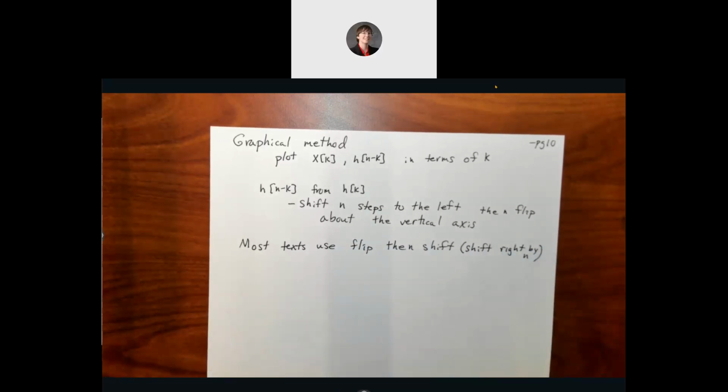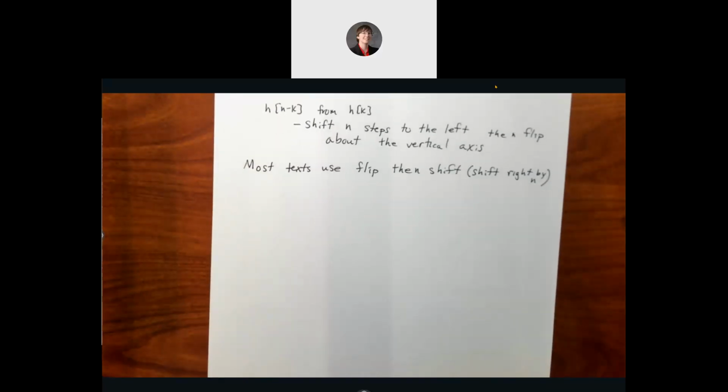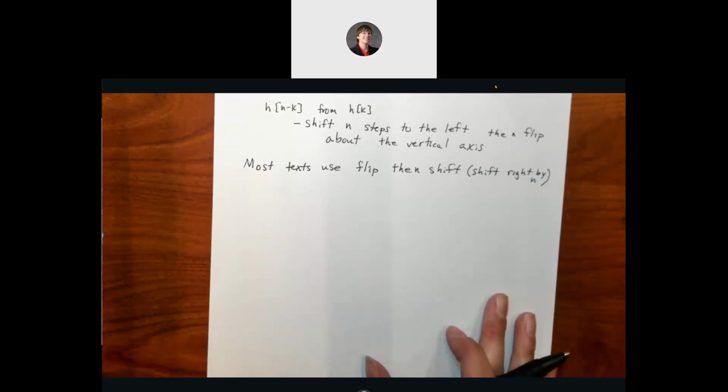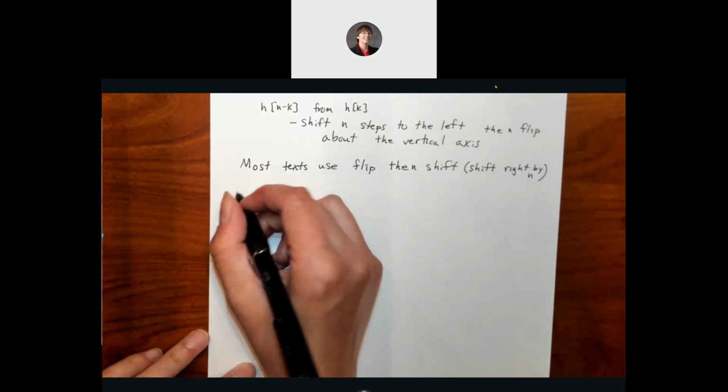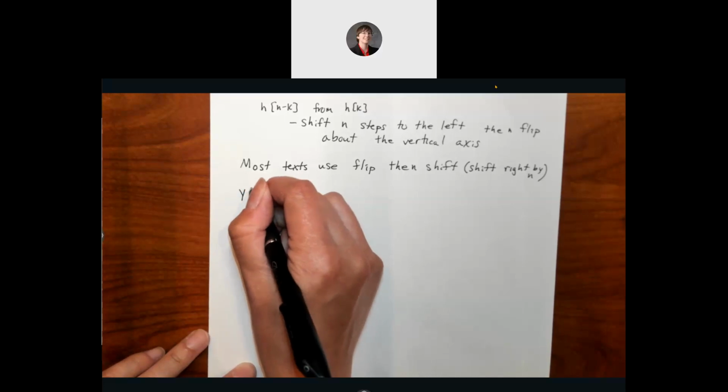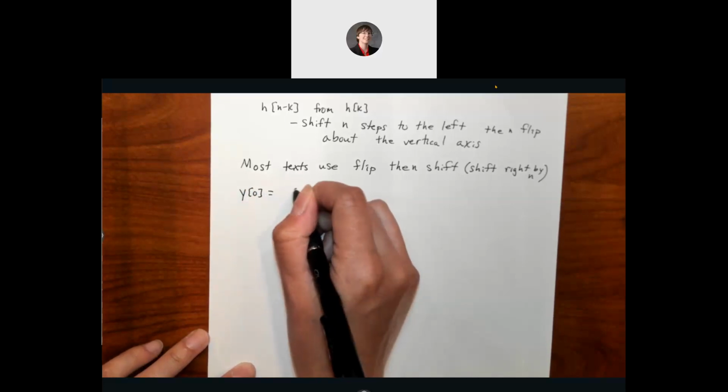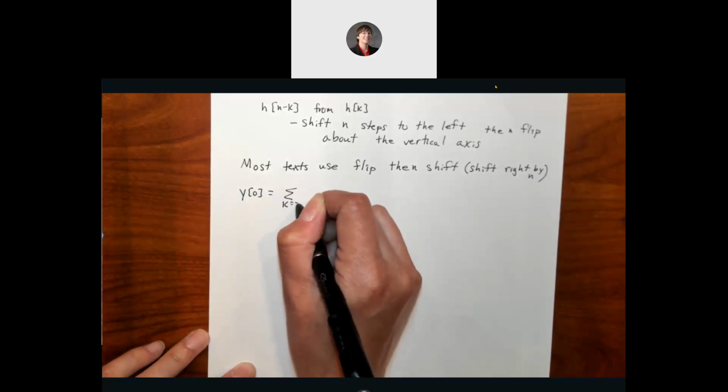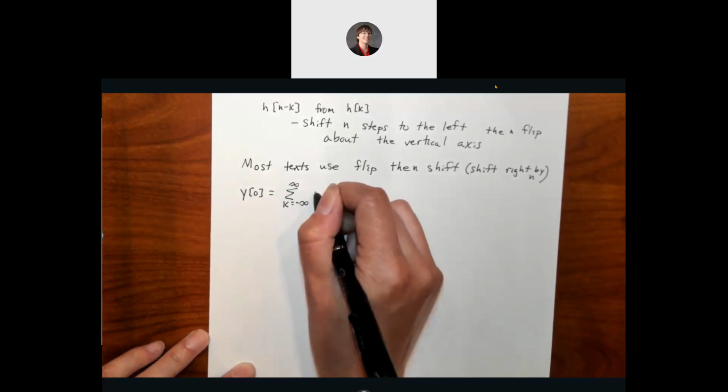So then in that case, you would shift right by n after you do the flip. But if we look at what this means graphically, say you're looking for y of 0.